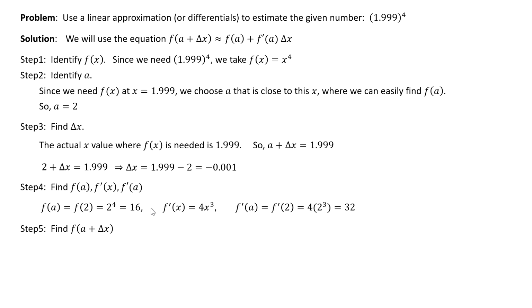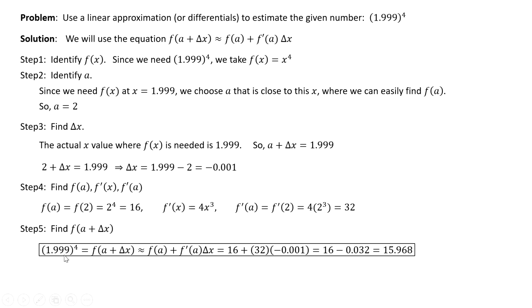Looks like we have all our quantities. And so find f of a plus delta x. We have 1.999 to the 4. That's what we need to find. That's exactly equal to f of a plus delta x. Is that true? Is 1.999 to the 4 equal to f of a plus delta x? Yes. On what grounds can I say that? Check this out.